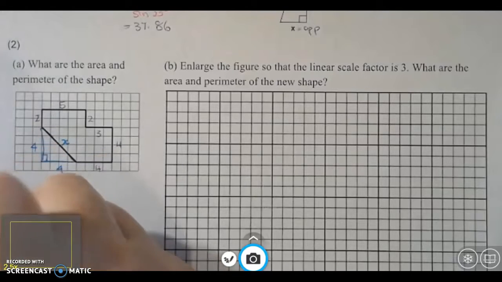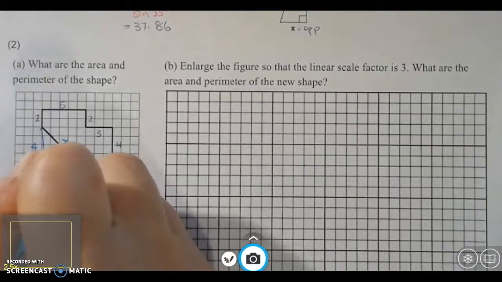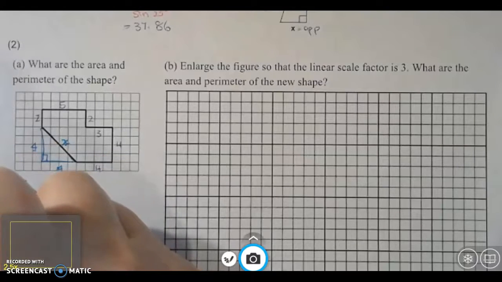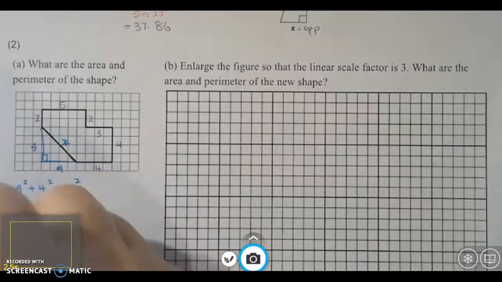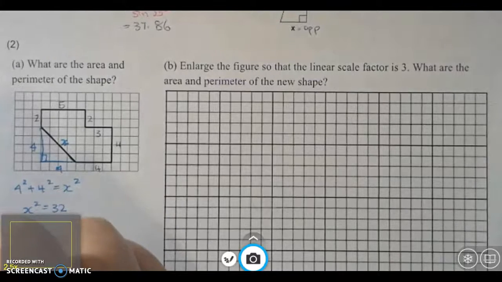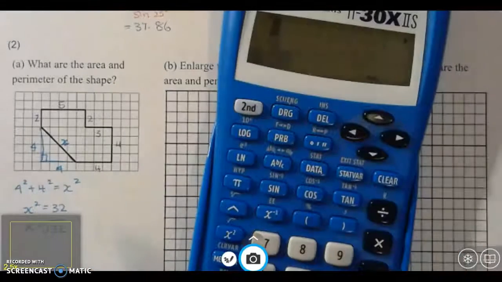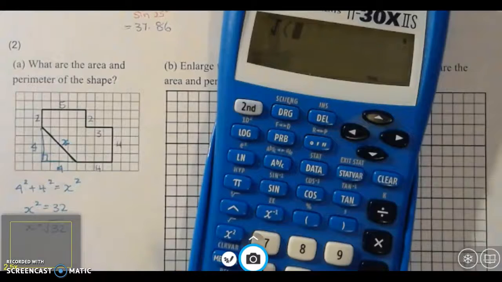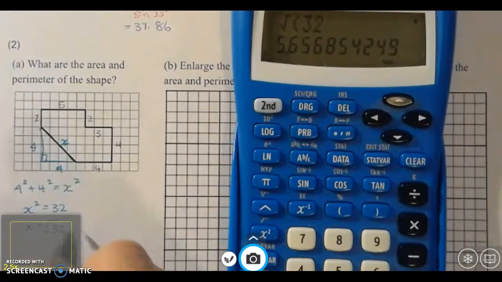So to figure out what x is, leg squared plus leg squared equals hypotenuse squared. So 4 squared plus 4 squared is x squared. So that's 16 plus 16 is x squared. So x squared is 32. So x is going to be the square root of 32. And if I use the calculator, the square root of 32 is 5.65 or 5.66.